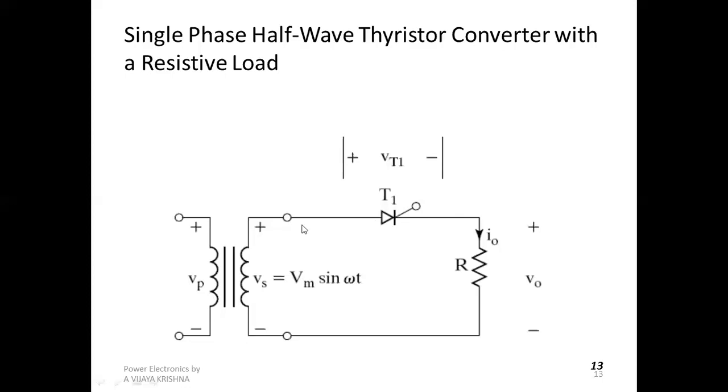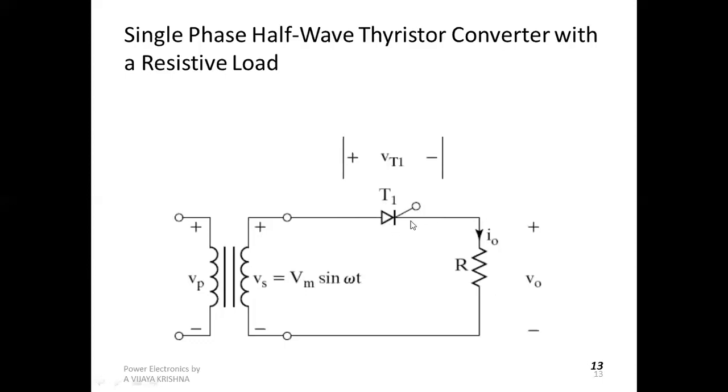Here, the anode is made positive with respect to the cathode. Then, when the gate terminal is given a switching pulse, junction J2 within the thyristor or SCR, which was under reverse bias, becomes forward biased. Junctions J1, J2, J3 all become forward biased, and therefore the thyristor turns on.